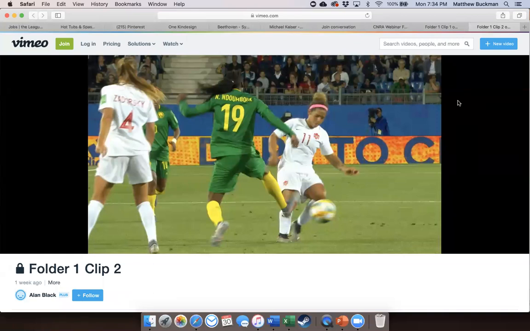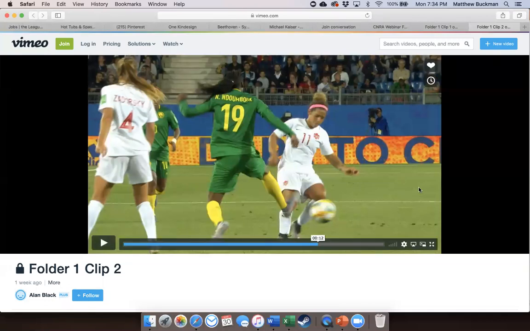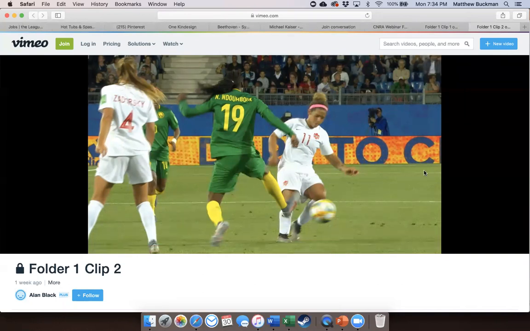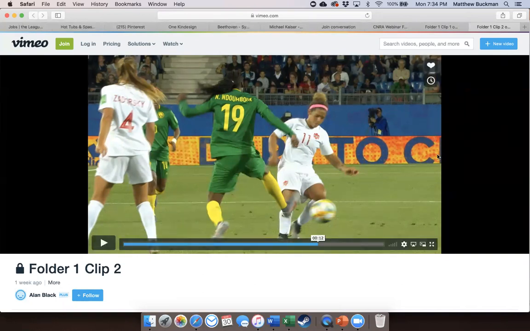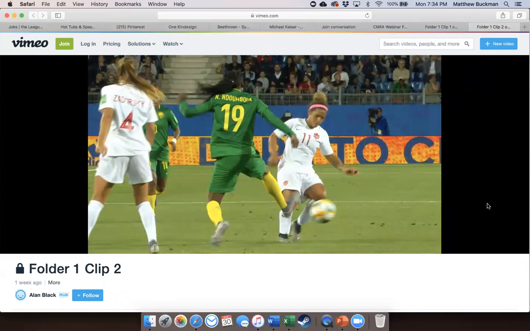Glancing force tends to pull out of the challenge, but is still reckless as she leads with the studs. Good analysis there. And here's another one that I thought was good. Now, the first person here thought yellow. The second person here thought red. Point of contact is high above the shin guard. Mode is the studs. Shape is lunging.